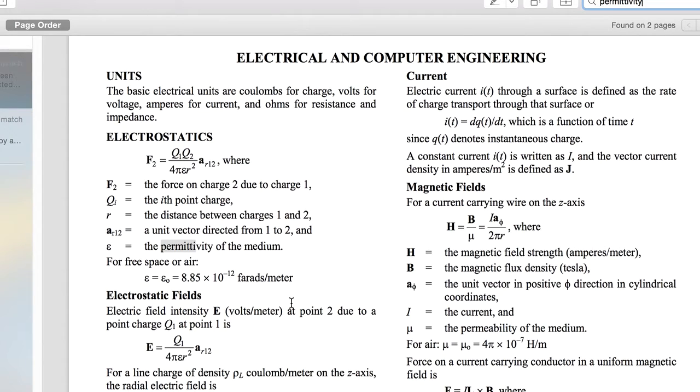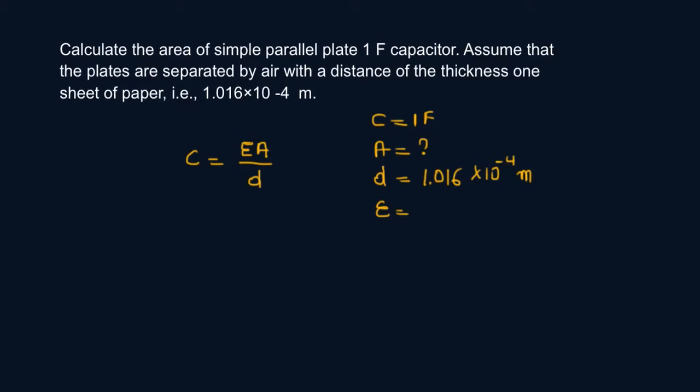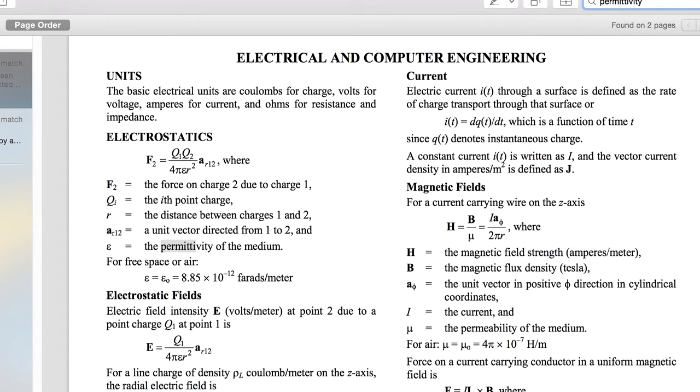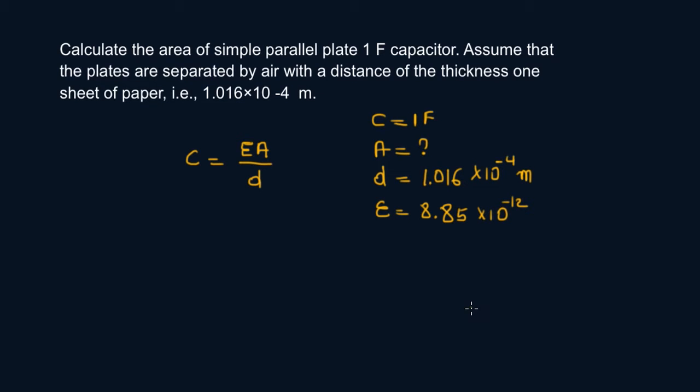So this is equal to 8.85 times 10 to the minus 12 for free space or air. So we pretty much have everything. This is in farads per meter.